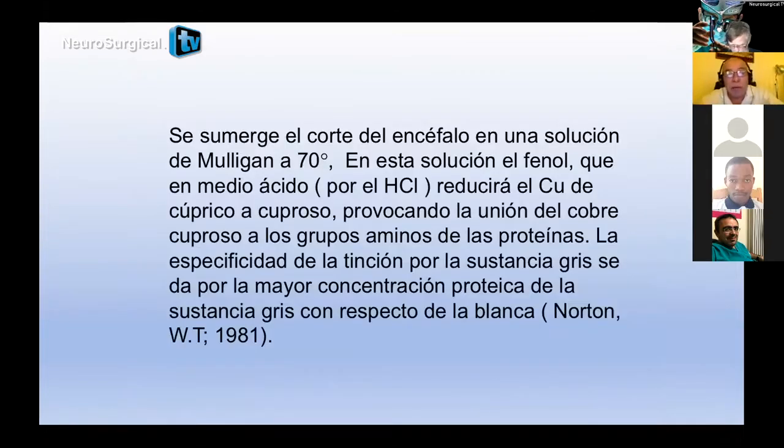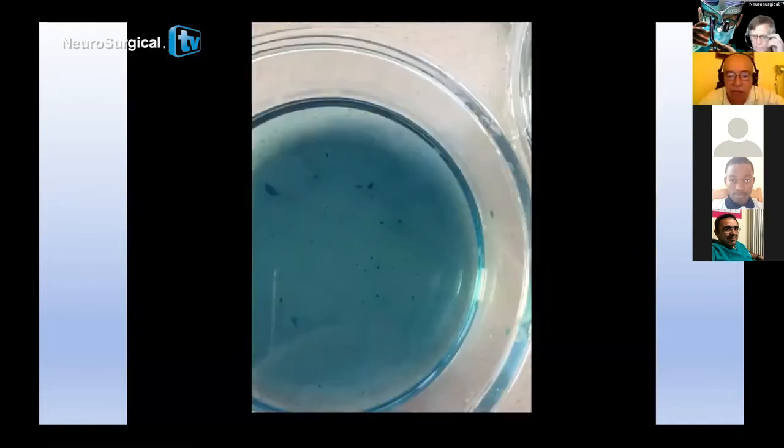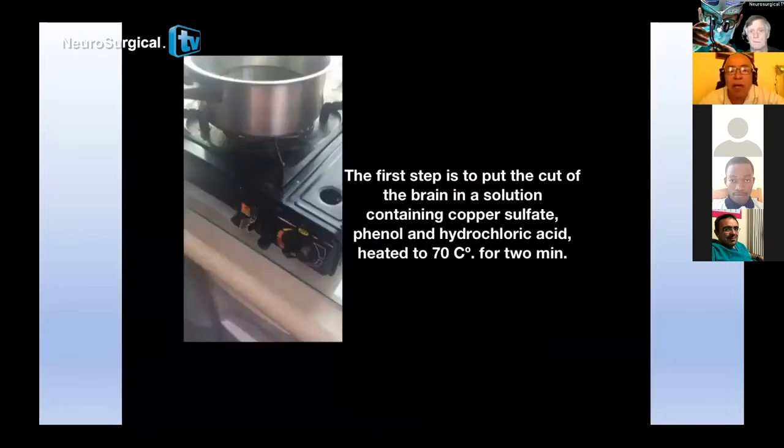This is in Spanish, sorry for this, but this is how to make this Mulligan technique. It's not difficult. If you look for Mulligan staining on the internet, you can get the method to make this kind of staining.